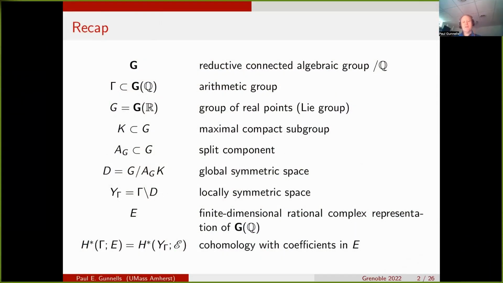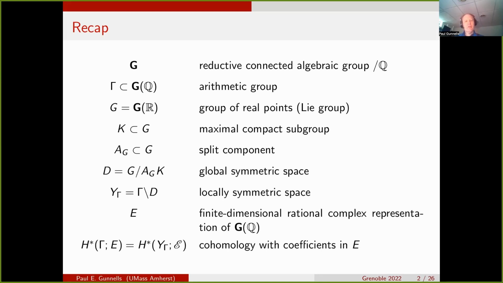Okay, so since it's been so long since the previous talk, I think it's a good idea to recap what we were discussing last year. So we have this reductive group over Q. We have an arithmetic group.